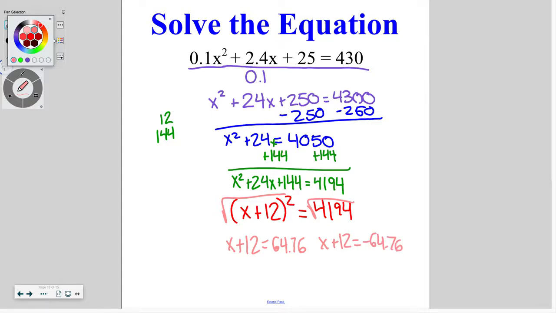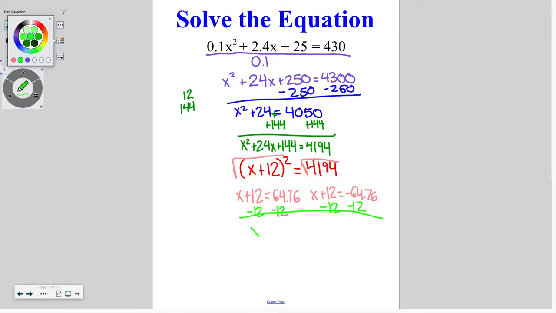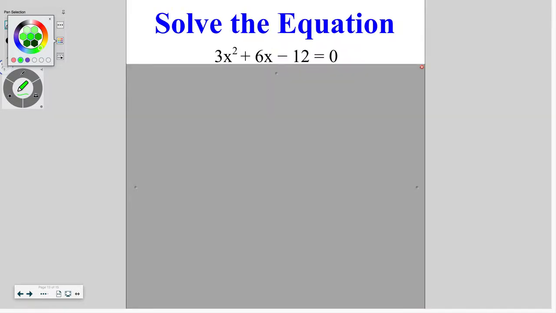I'm going to go ahead and subtract 12 from both sides to finish out this problem. My first answer is going to be x is equal to 52.76, and my second answer is x is equal to negative 76.76. Go ahead and try this one on your own, remembering to divide first.